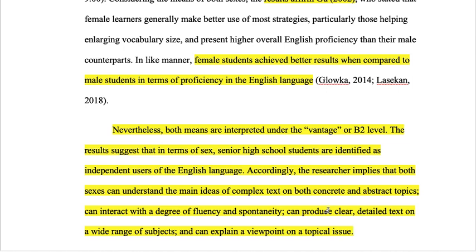And finally, you are to cite previous findings of related studies supporting your research results. Okay, that's three steps on how to write correctly the results and discussion or the data commentary of your results and discussion.